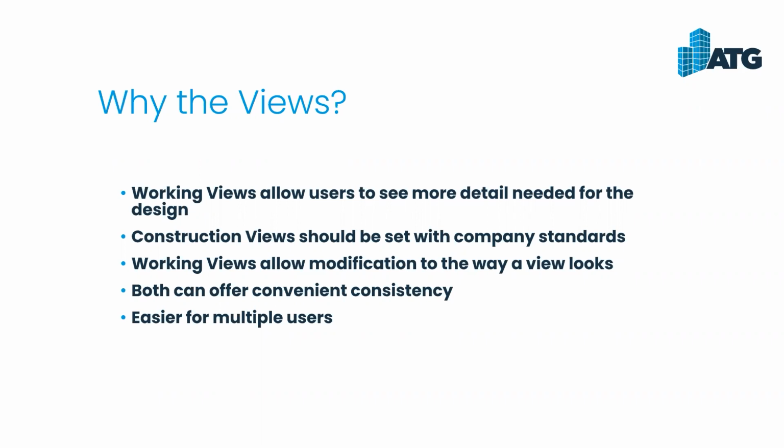When it comes to, let's say, plumbing, in a construction view, you may want to show one line work for your plumbing. But when it comes to your working view, when you're starting to look at the different clearances, you might have a 5-inch pipe, you might have a 1/2-inch pipe, but we want to see the thicknesses of those components so that we know when we're going in and placing them, we have enough clearance between the objects there.